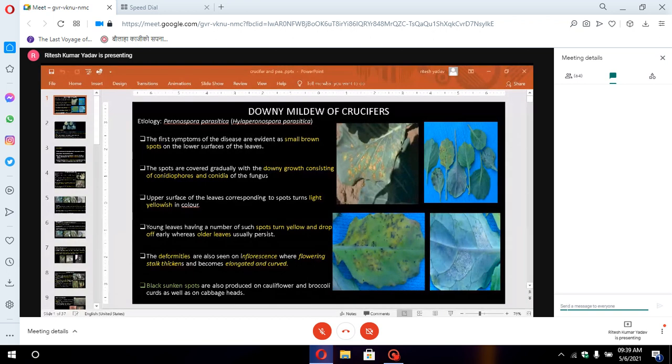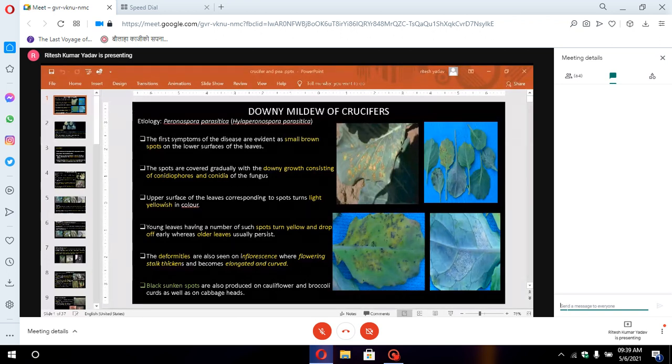Younger leaves are very susceptible, so they prematurely fall, and older leaves usually persist and serve as a source of secondary inoculum, because on the downy surface the spores that are formed by Peronospora parasitica, the sporangia, are dispersed by wind.